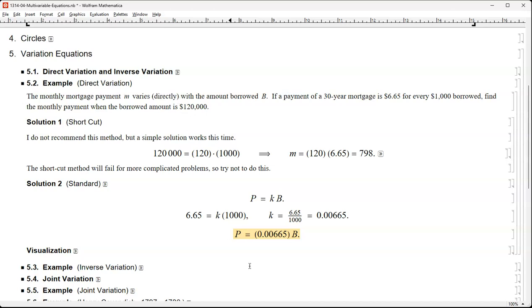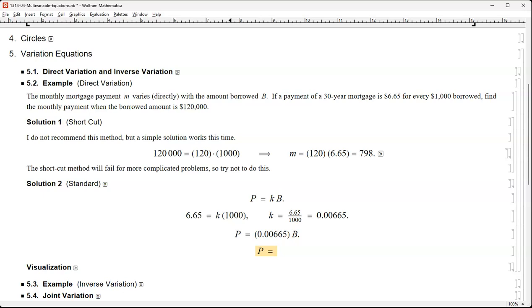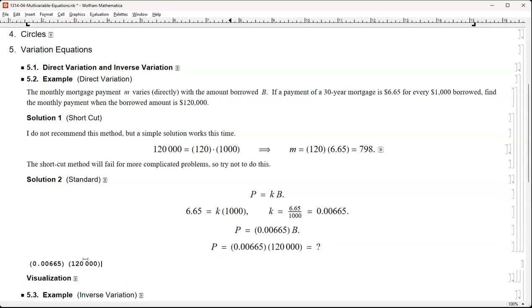If the borrowed amount is $120,000, what is this? Well, all I have to do is this computation, which is, yeah, of course, no surprise there.